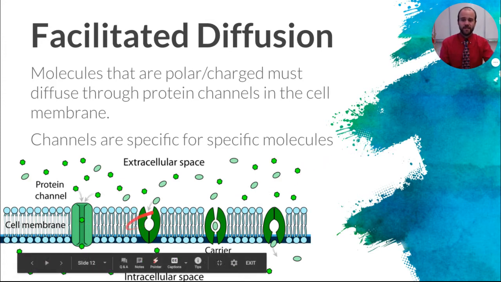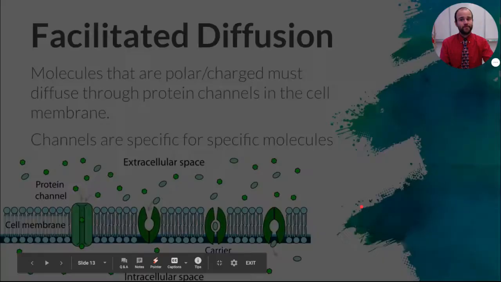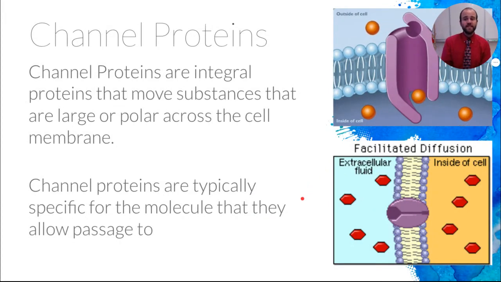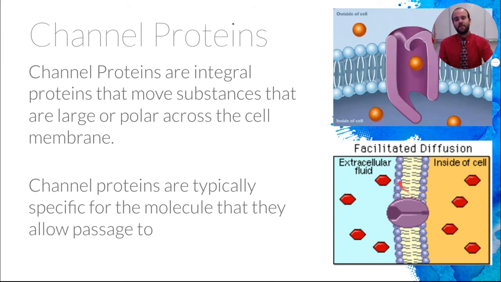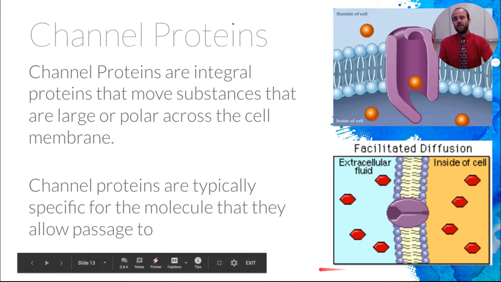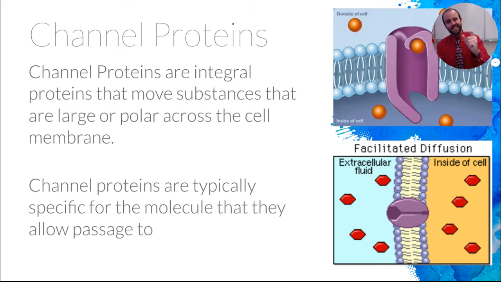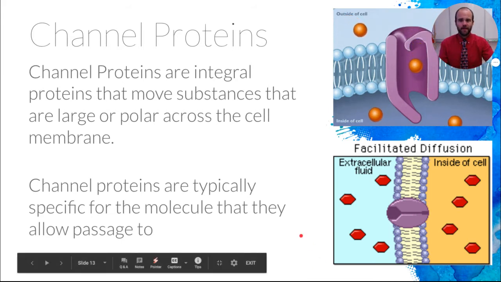You can see different types of channels here, letting things go in and out of the membrane. And these channel proteins are going to move these substances across the cell membrane. They're going to recognize them and move them across. Same thing here, recognize and move across. Channel proteins are going to be very specific. So they have to recognize the particle in order to let them in.